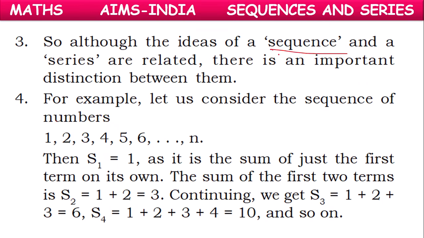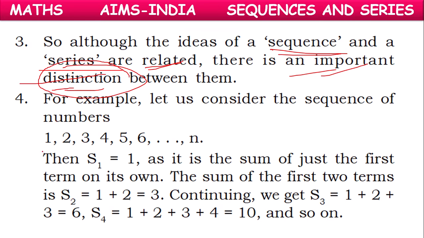Actually the idea of sequence and the idea of series are almost related to each other, but there is an important difference between them, with which we can separate them into two categories.